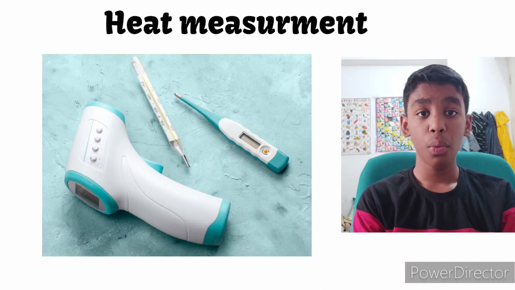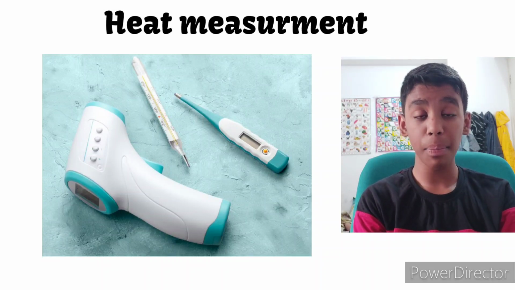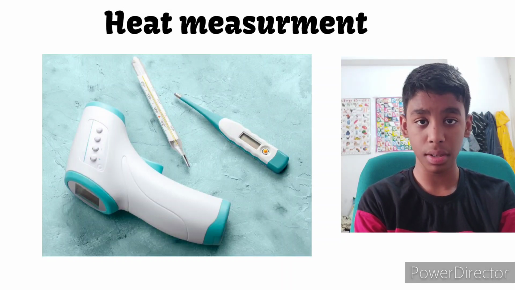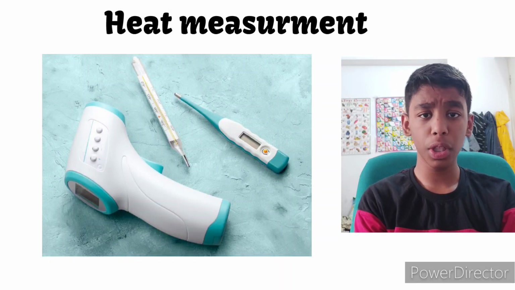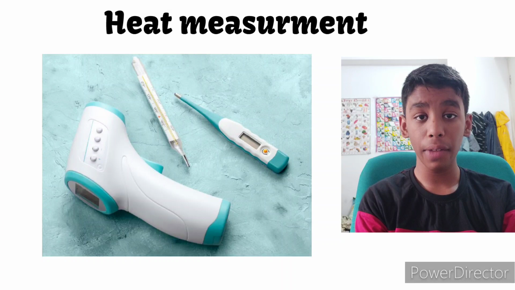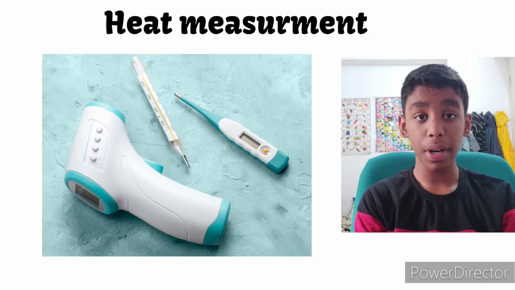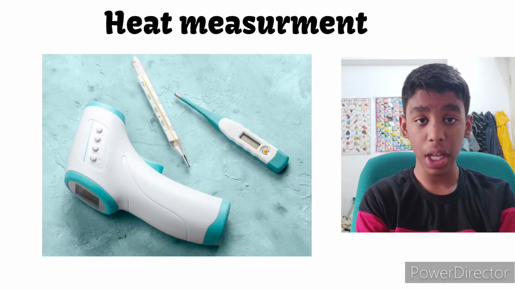For example, a mercury thermometer has a capillary tube and a glass tube around it, and also the bulb and a hook to attach it to walls. When you put the bulb in the surroundings, you can see the level of the mercury go to a certain extent. That is the temperature of the surroundings.